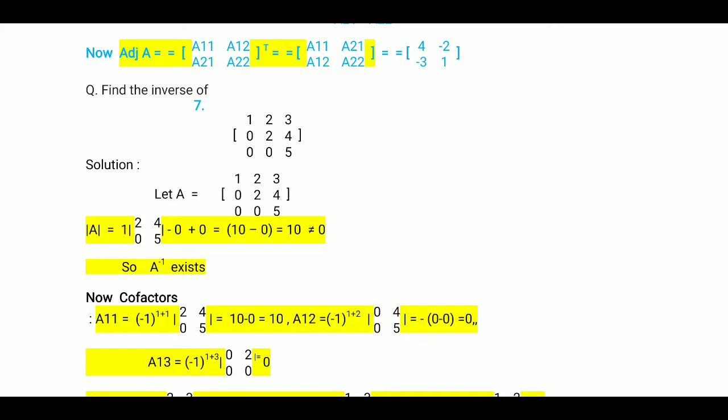Thus we get the value of this small determinant, 5 into 2 is 10, minus 4 into 0. So 10 minus 0 is equal to 10. That is not 0. So A inverse exists.